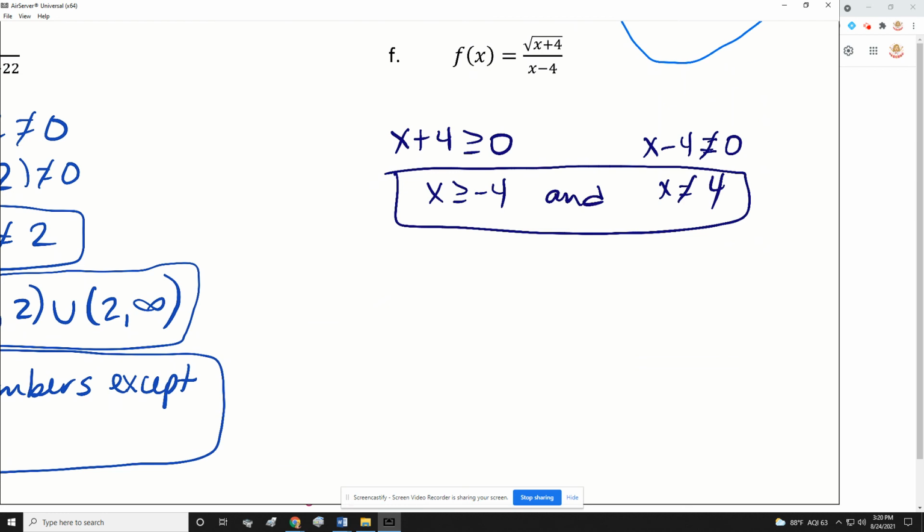In interval notation, we're going to go for x is greater than or equal to negative 4. That's going to start at negative 4. But we are not going to go to infinity because we have to exclude positive 4. So we'll go to 4, not include it, do the union, pick back up at the other side of 4, and go to infinity.